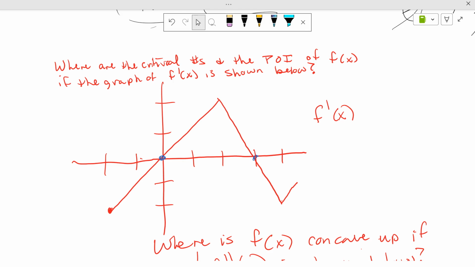Where are the critical numbers and the POI of this function if the first derivative is shown? How many critical numbers do you see? One there, one there.